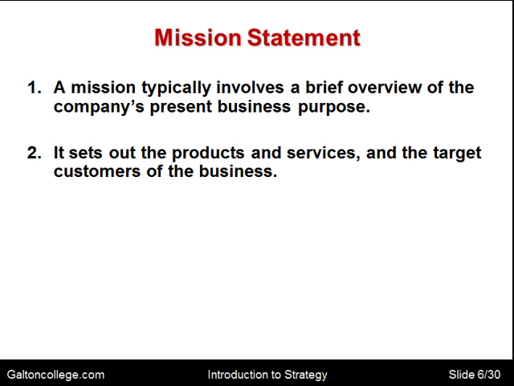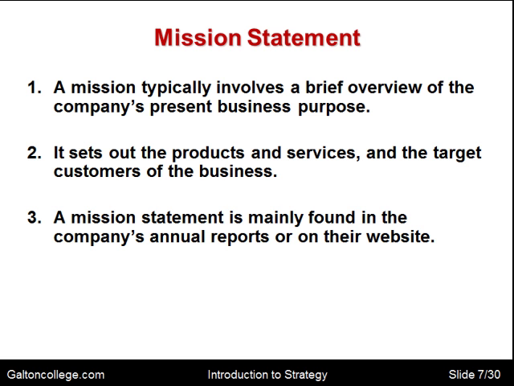So it says what products it's producing, what services it supplies, and who the target customers are. A mission statement is mainly found in the company's annual reports or website, normally in some highly visible part of the documentation associated with the business. So normally we get it on the company website.